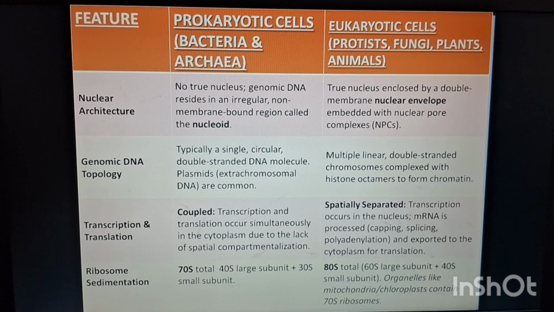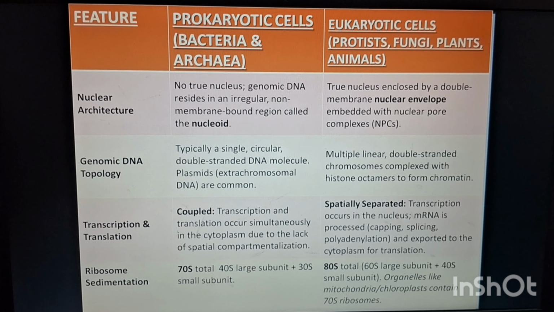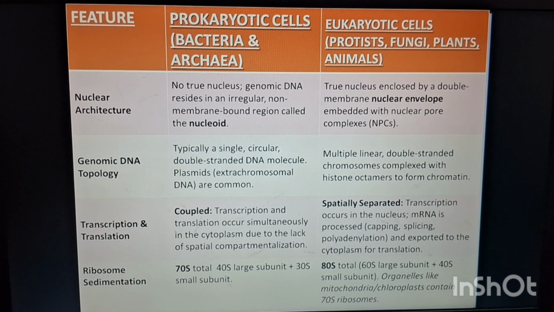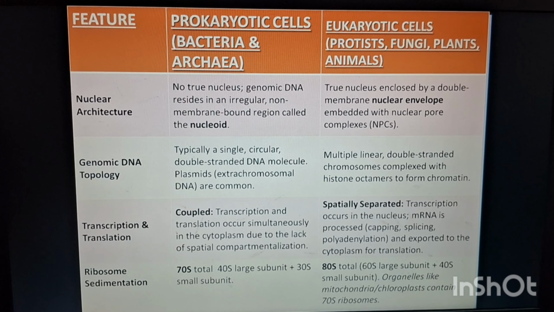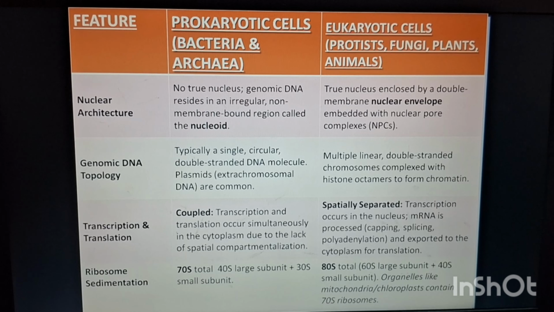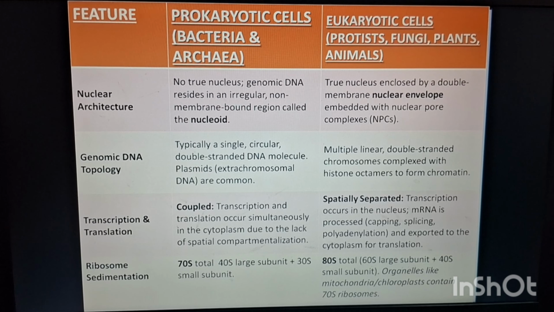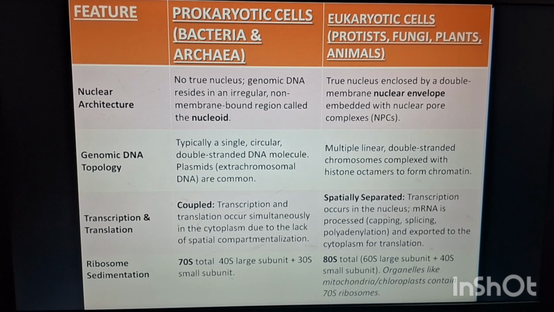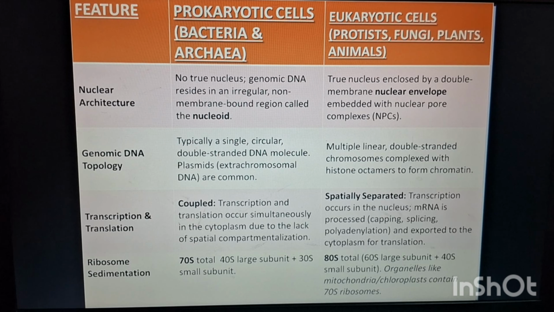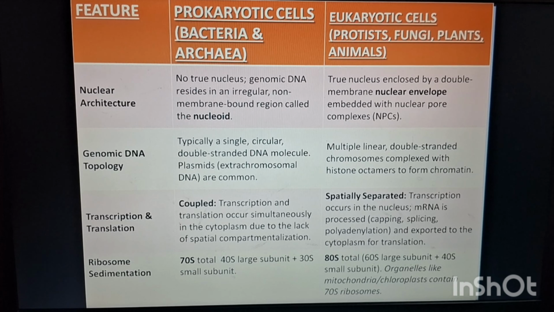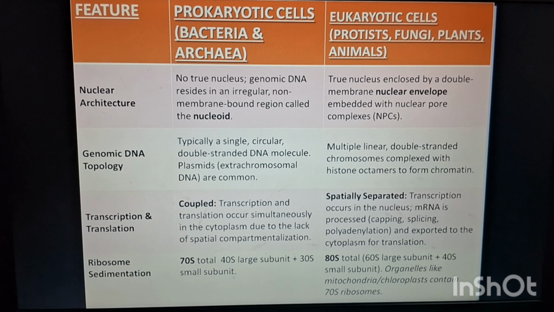In prokaryotic cells, there is no true nucleus; genomic DNA resides in an irregular, non-membrane bound region called the nucleoid. And in eukaryotic cells, there is a true nucleus enclosed by a double-membrane nuclear envelope embedded with the nuclear pore complexes, or NPCs.